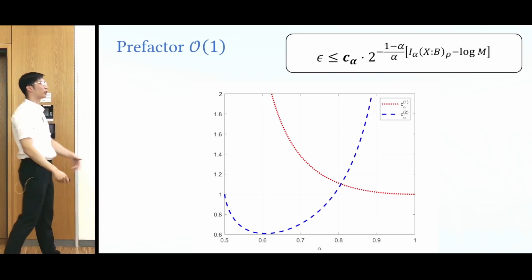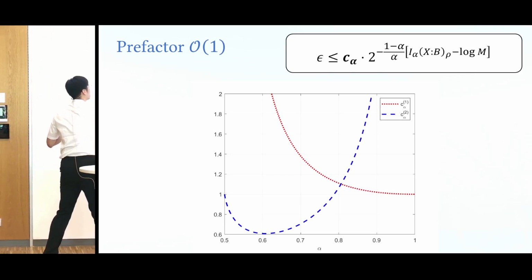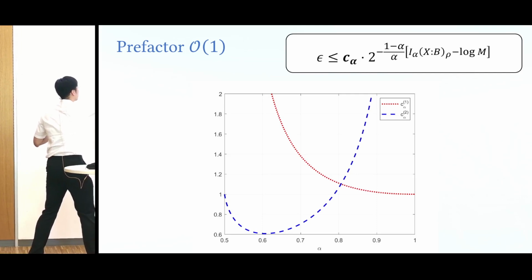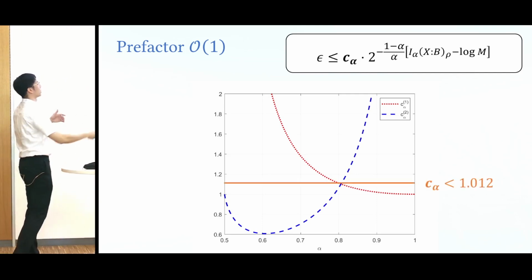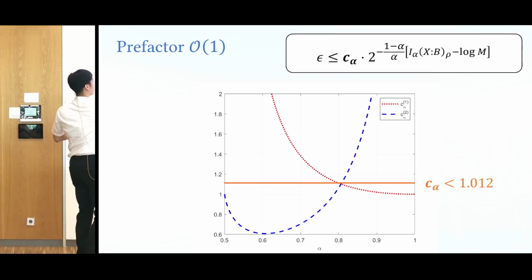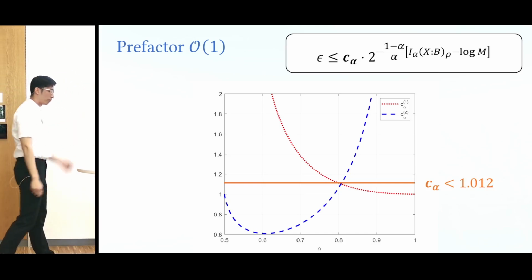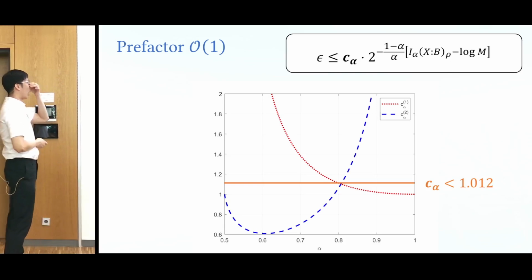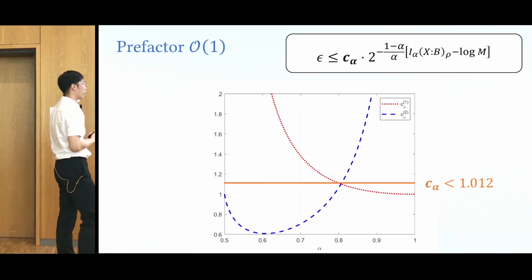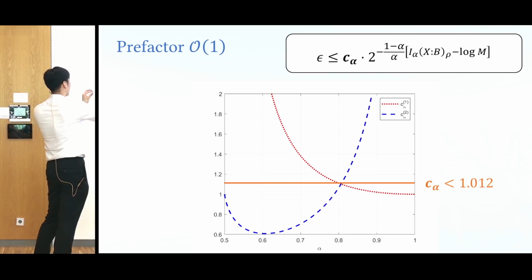And because these two bounds hold, we can just choose the minimum between them. And the worst case is something like this, and it's below a constant like 1.012. It's very good here, but it's not perfect here. But we can live with it. So that's how we address Burnashev and Holevo's conjecture to obtain a dimension-independent constant like this value.